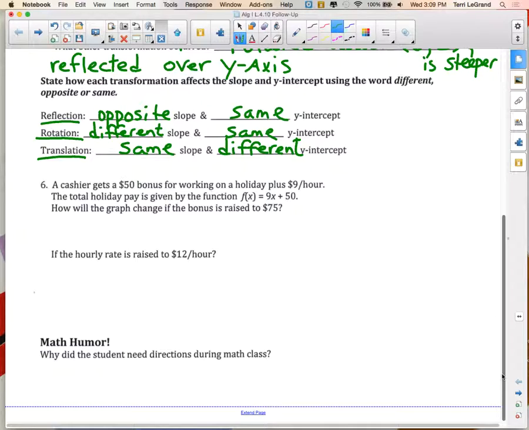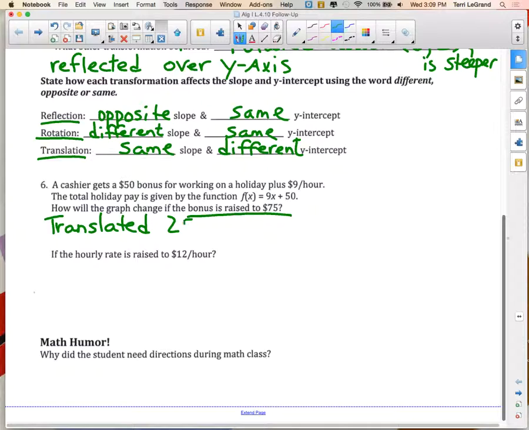Okay, so how will the graph change if they raise the bonus to $75? What transformation will occur? It'll be translated. And remember when we talk about being translated, we have to talk about direction and units. How far and what direction? Up 25.